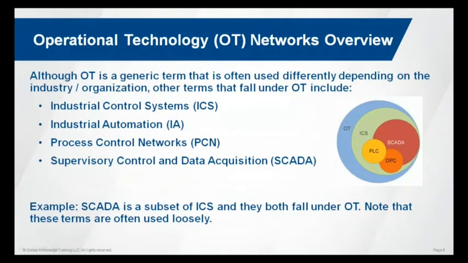Just like in the IT space, in the OT space we also use some terms to characterize this type of environment. As you see in this diagram, the OT is a system, and that system encompasses many subsystems. For example, ICS, which is the industrial control systems, and SCADA.